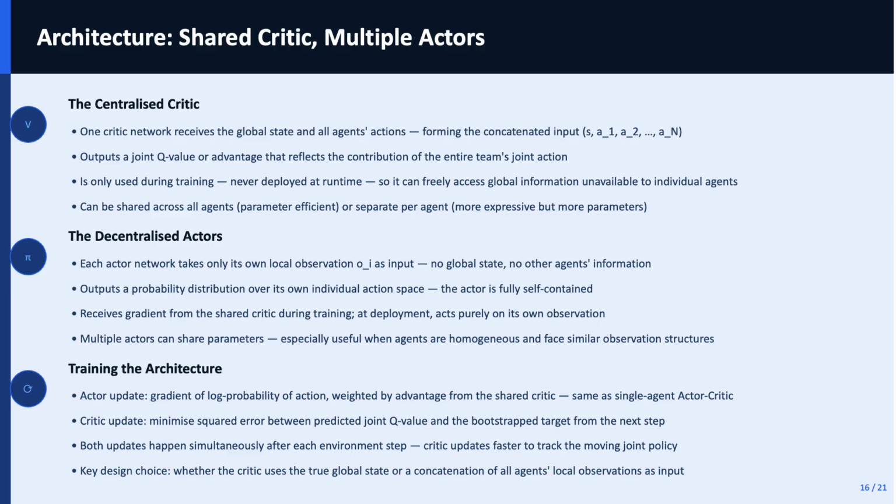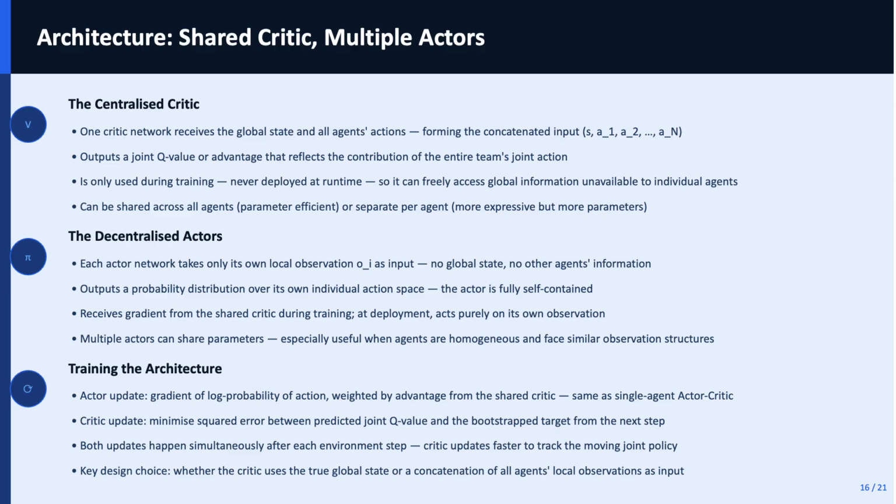The shared critic, multiple actor architecture is the most widely deployed implementation of the centralized training with decentralized execution framework. The critic is a single neural network that takes the full global state concatenated with all agents' actions as input and produces a joint value estimate, essentially asking, given the entire team is in this global configuration and took these actions, how good was this step for the team overall?